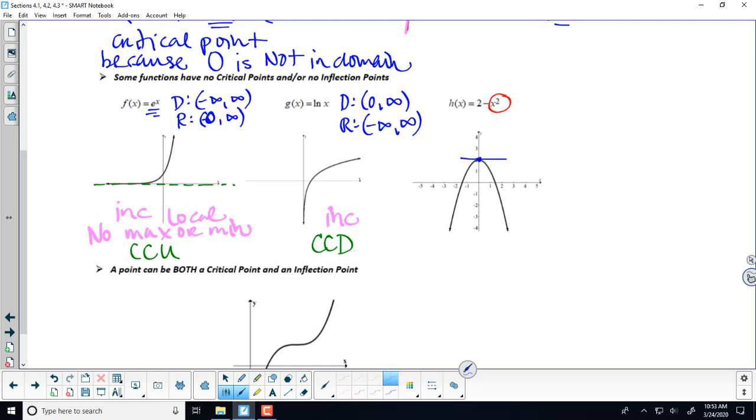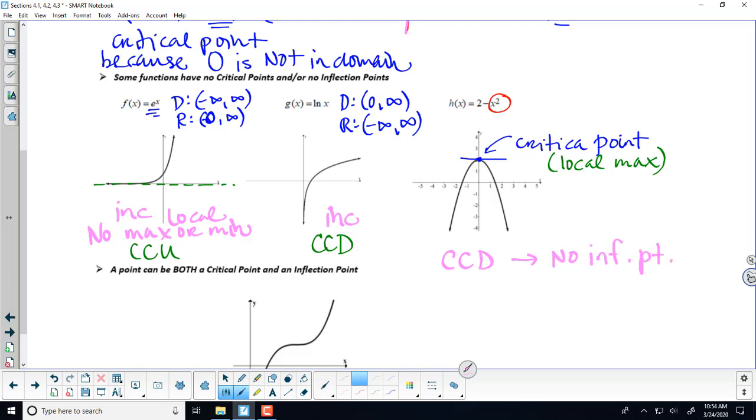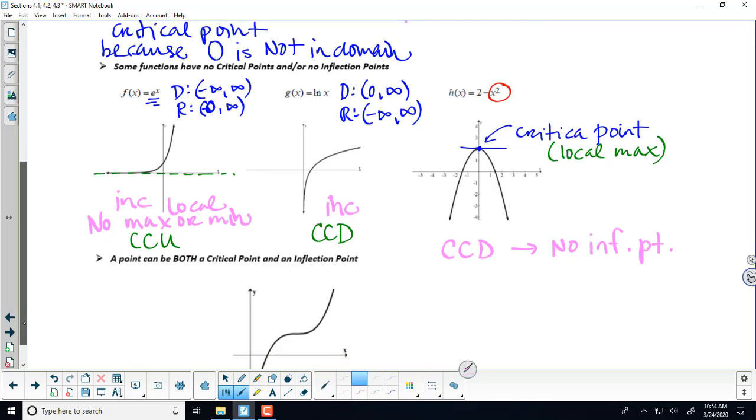So it does have a critical point, which happens to be a local max. But it is only concave down, so no inflection points, all right? So it doesn't always have to have both.